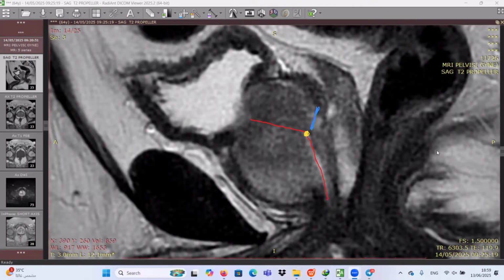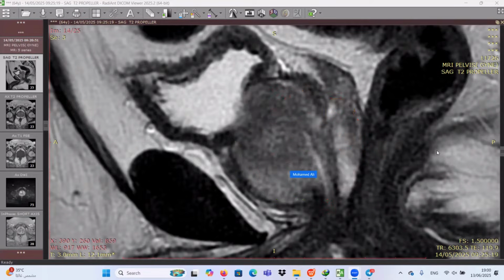And we have here the central zone of the prostate, and this is the transitional zone of the prostate, and this is the peripheral zone of the prostate. So this is the peripheral zone, this is the central zone, and this is the transition zone.